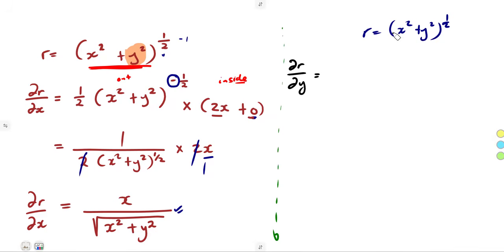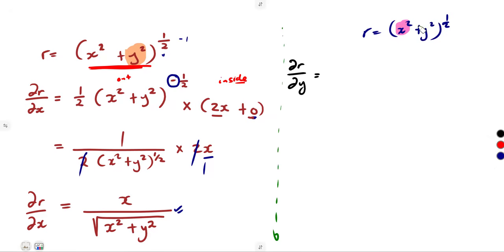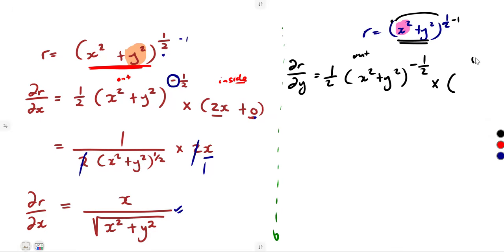We differentiate the outer part of the bracket, which is when you're considering the exponent. That's the outer part. All right. So the outside part, if we are to consider that, we drop the exponent, that's 1 over 2 times x squared plus y squared, then we subtract 1. So that's negative 1 over 2 on our exponent. Then we're going to multiply by the derivative of what is inside of our bracket.